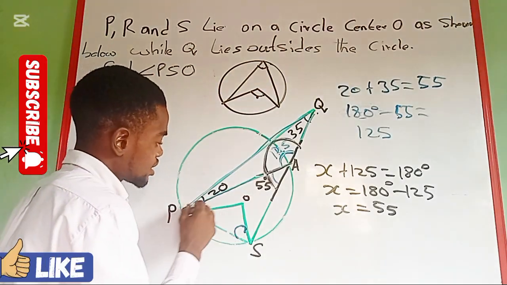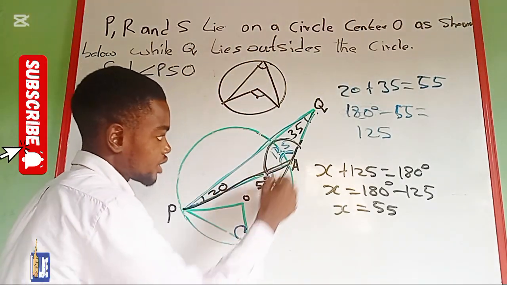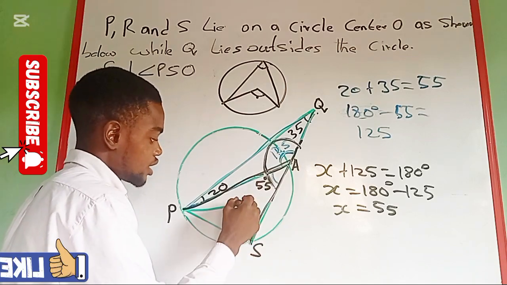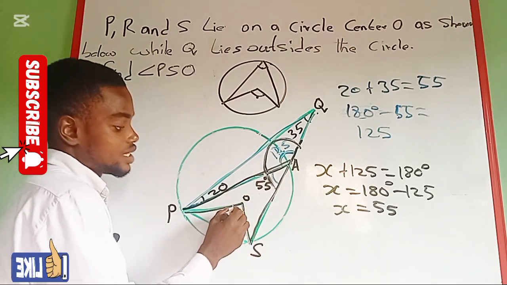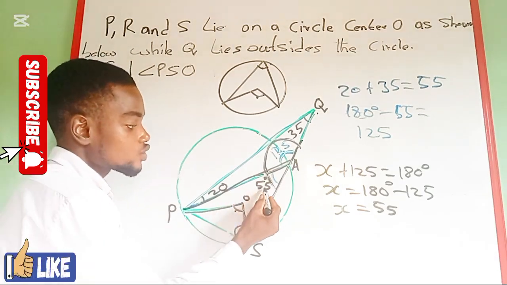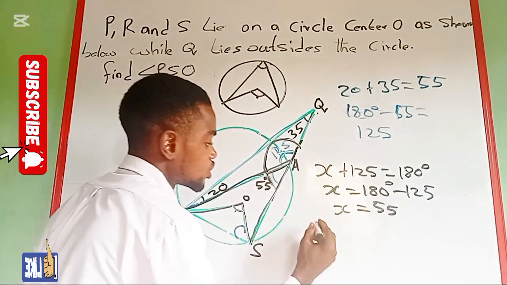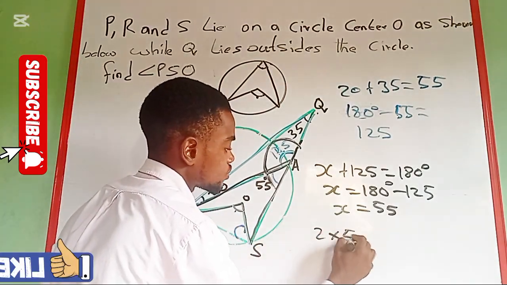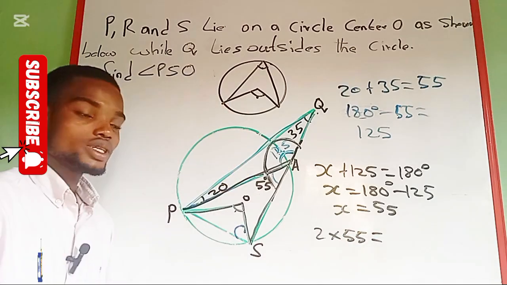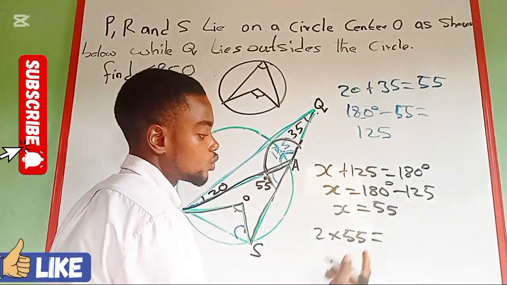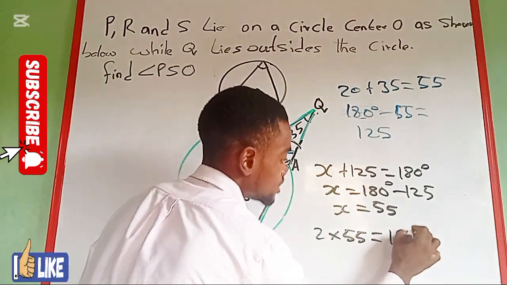It means that this angle here is the angle at the circumference, and this one here is the angle at the center. So twice this angle will give us what we want. We are going to say 2 times 55 is equal to 110 degrees.